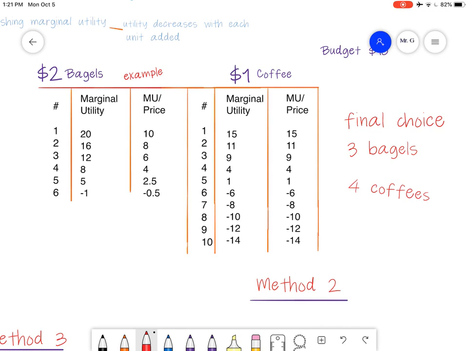What does that mean? Well, if you think about it, buying a sports car is going to give you a huge amount of satisfaction. However, if you get a bottle of water, you might say, okay, it's great, I'm a little thirsty, but it's not like wow, that's great satisfaction.